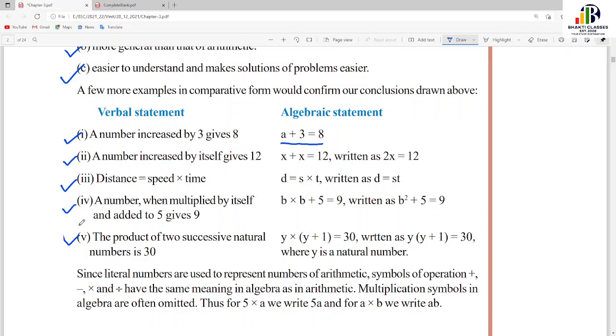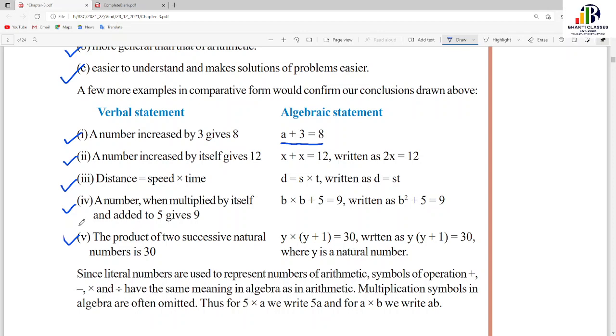Since literal numbers are used to represent numbers of arithmetic, the symbols of operation plus, minus, multiplication and division have the same meaning in algebra as in arithmetic. Multiplication symbols in algebra are often omitted.